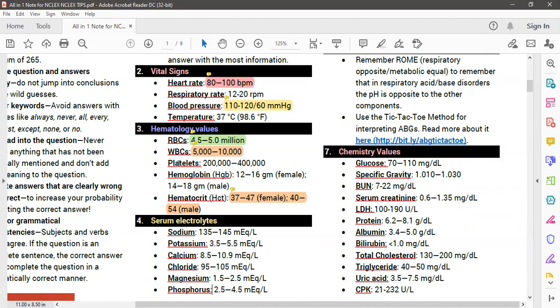Particularly platelet, the function is to prevent the bleeding, right? So the normal count is 200,000 to 400,000 per microliter.